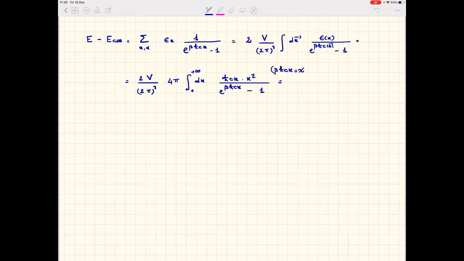So I change variables. Sorry, Professor. Yes. Two polarizations for a photon means what? Well, you know that photons are a purely transverse wave, right?